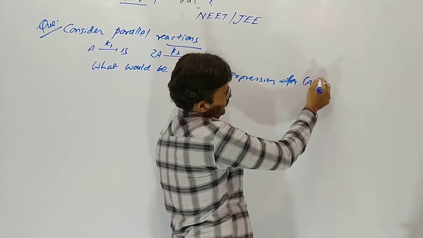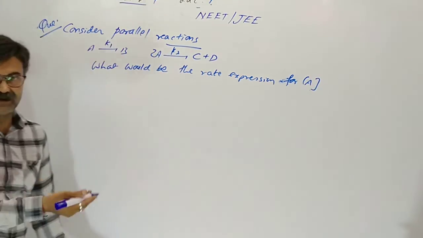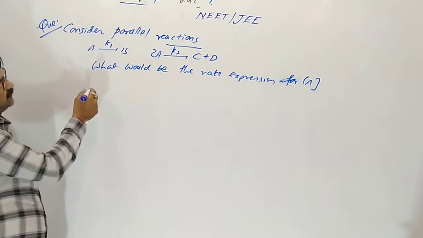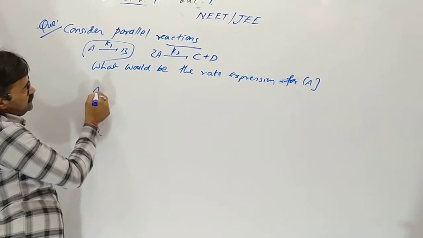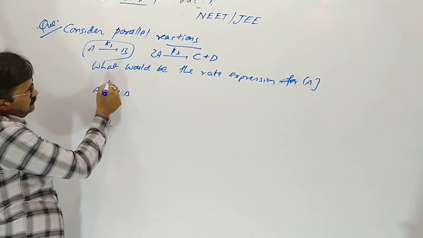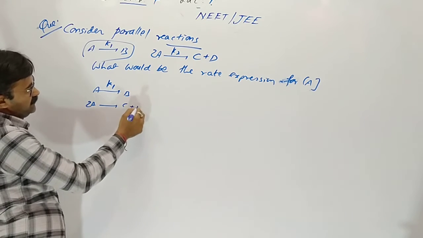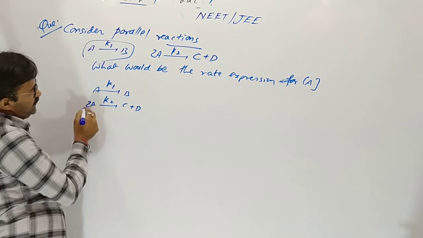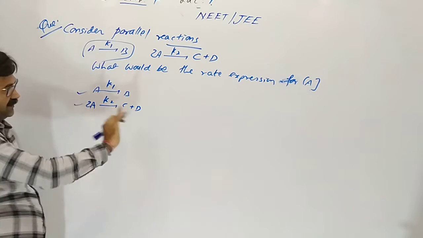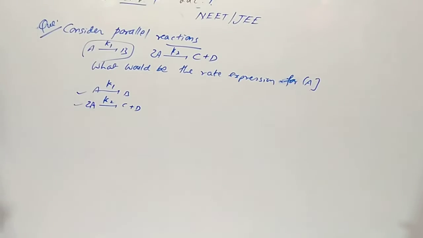For the reactant A, the rate law will be, here A gives B and 2A also gives C plus D. Both reactions occur at a time, parallel is going.